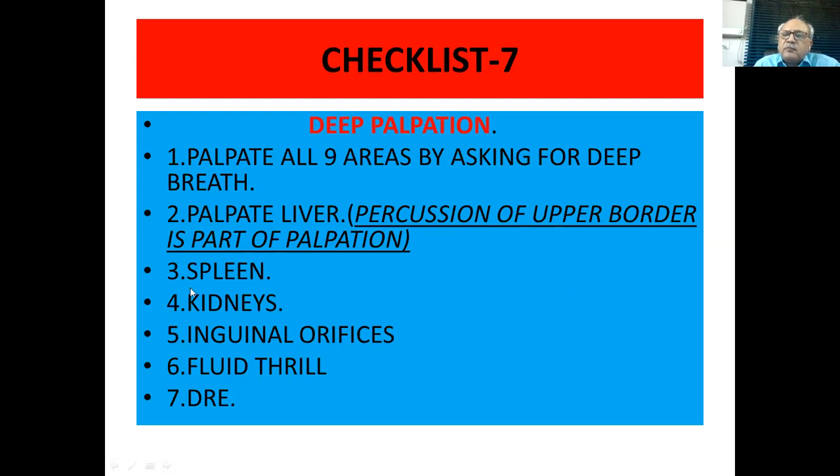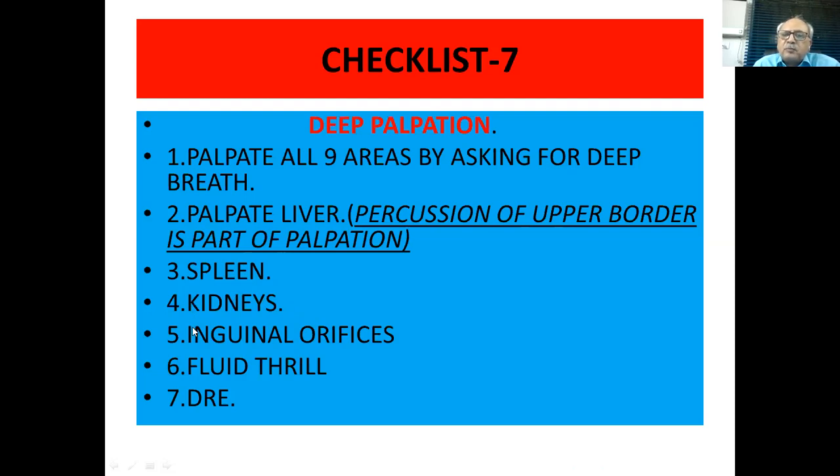After the palpation of the liver, you palpate the spleen. You start from the right iliac fossa and you move by palpating the abdomen toward the left hypochondrium. After that, you palpate both kidneys bimanually.